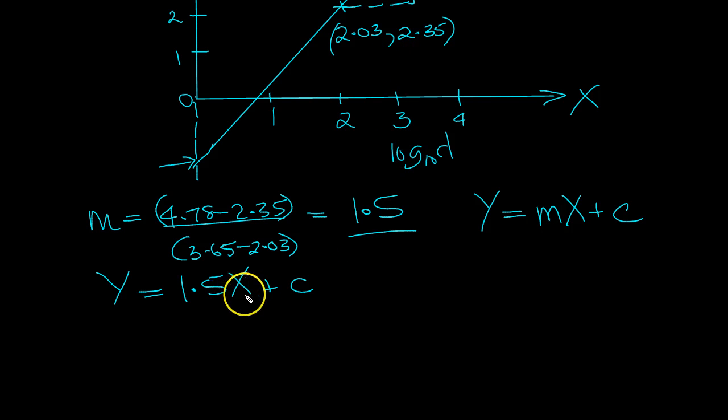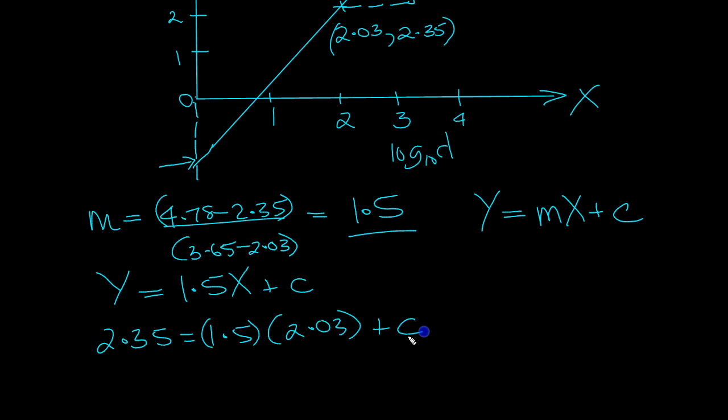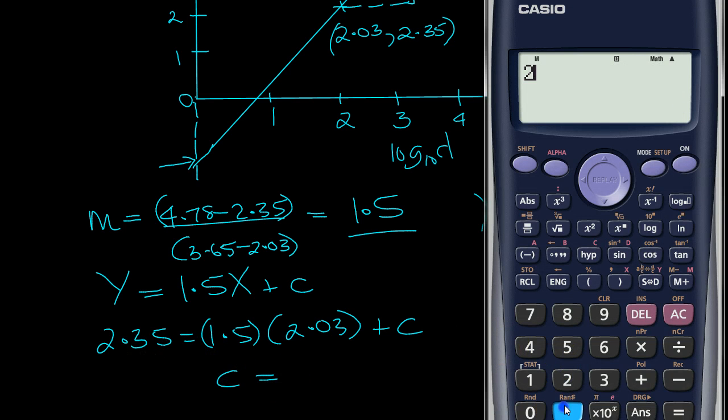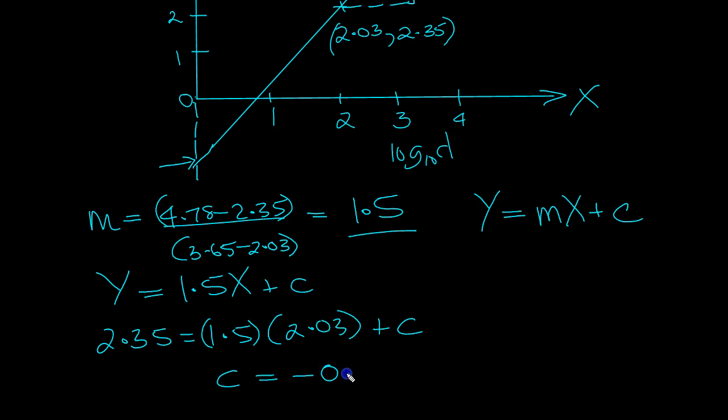So y is 2.35 equals 1.5 times, I'll just put a bracket around them, times 2.03 plus c. So c will equal the 2.35, minus this number which you take over, the 1.5 times 2.03. It should be a negative number, minus 0.695.